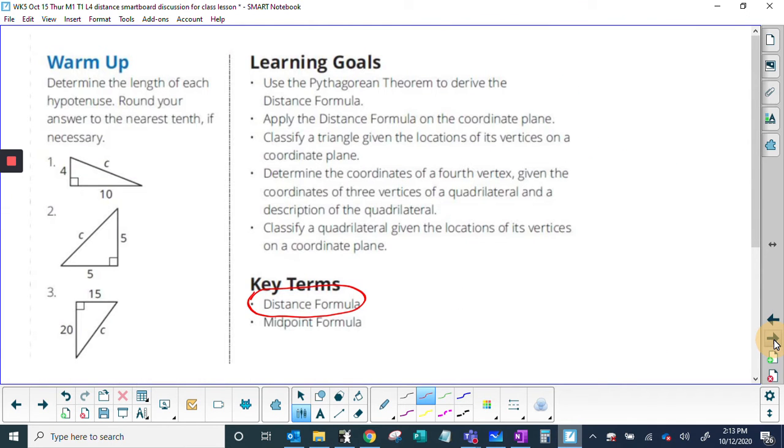So, the distance formula. It turns out we're going to use the rise and the run to calculate the distance between 2 points. This leg and this leg give us the distance between those 2 points. A squared plus B squared is equal to C squared. It's called the distance formula.